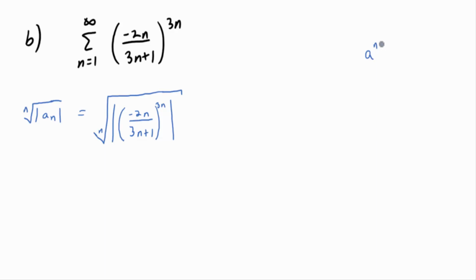I'm trying to be generic here, so I'll use different bases. Let's say you have b to the n, and you're taking the absolute value of it. Then it is true that that's the same as the absolute value of b, to the n power.